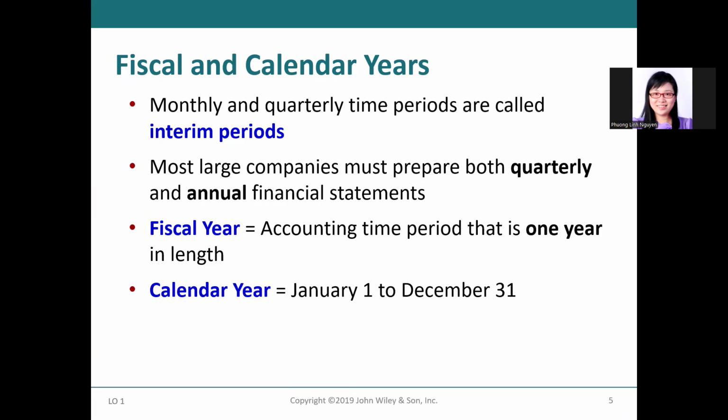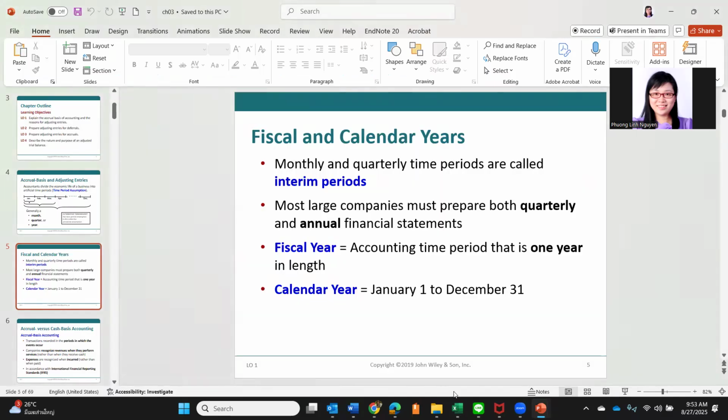Now this applies for some companies that operate according to a business cycle, like agriculture business, they have to look at the time when they plant the vegetables and then when they harvest them. So the fiscal year can be from the beginning of any month to the end of a month, 12 months after that.